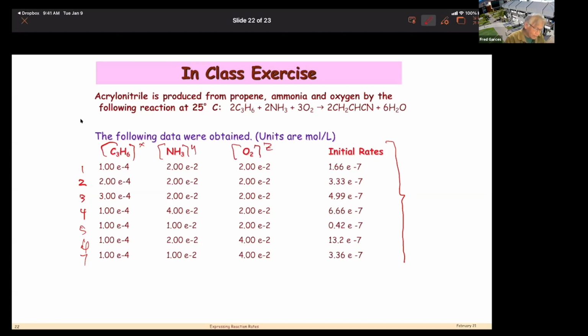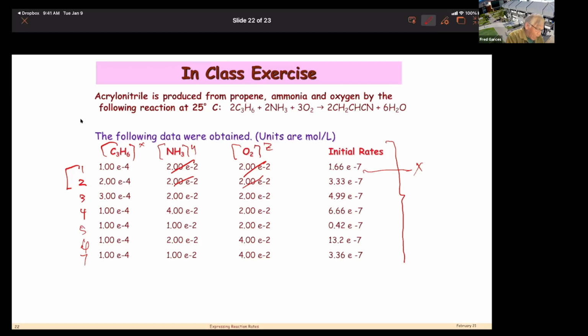So what experiments am I going to pick? I'm going to pick experiments 1 and 2. And when I pick experiments 1 and 2, then Y and Z will be a non-factor because they're the same. So when I do the analysis, I'm going to determine, using experiment 1 and 2, the value of X, because NH3 and O2 are the same. So it's a non-factor in terms of establishing the rate. Why?